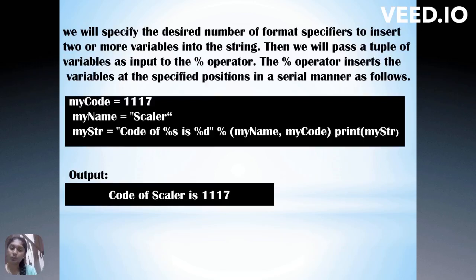My code is 1117, my name is Scalar, my string is: code of %s is %d. Print my string. Then the output is: code of Scalar is 1117.